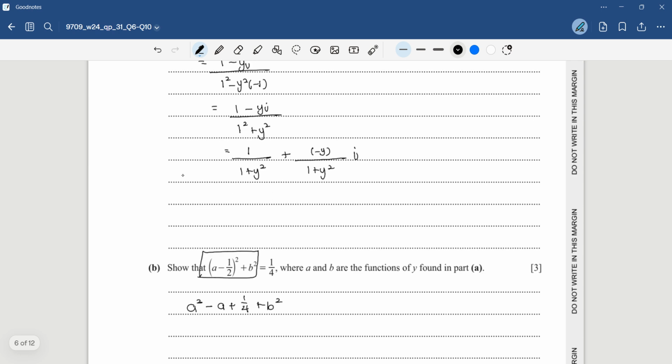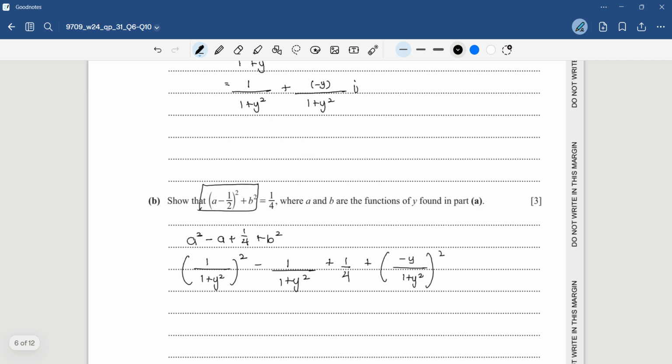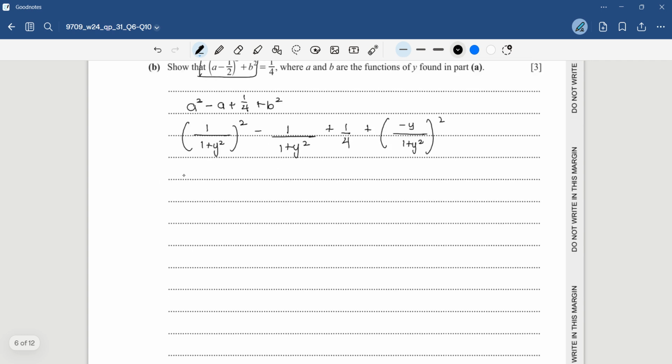My a from part 1 is 1 over 1 plus y squared, so it's going to be 1 over 1 plus y squared to the power of 2, minus 1 over 1 plus y squared, plus 1 over 4, plus y squared over 1 plus y squared to the power of 2.